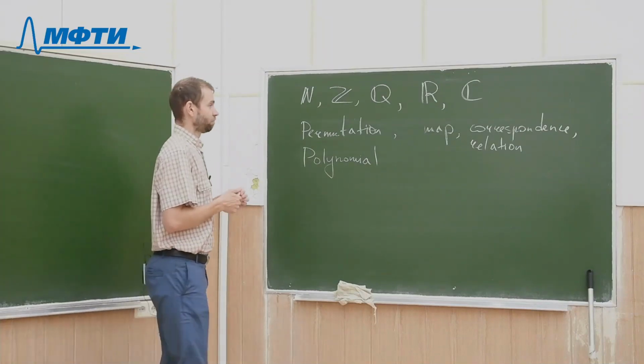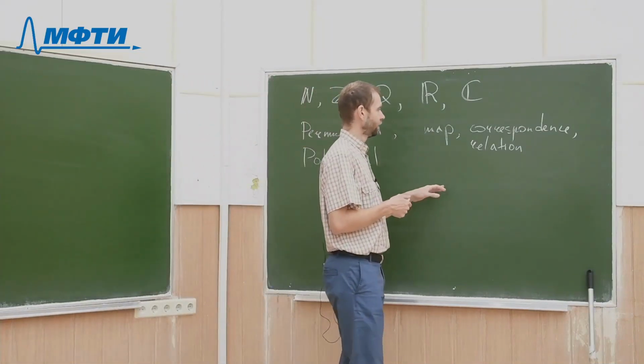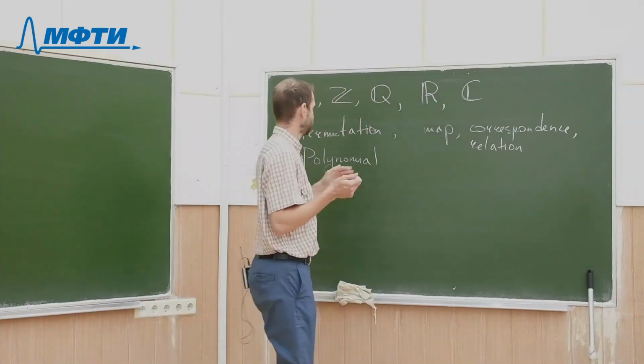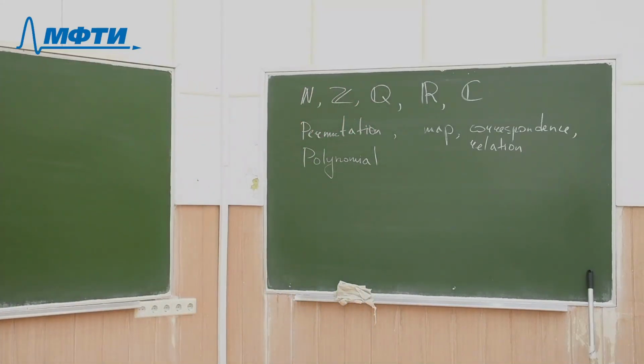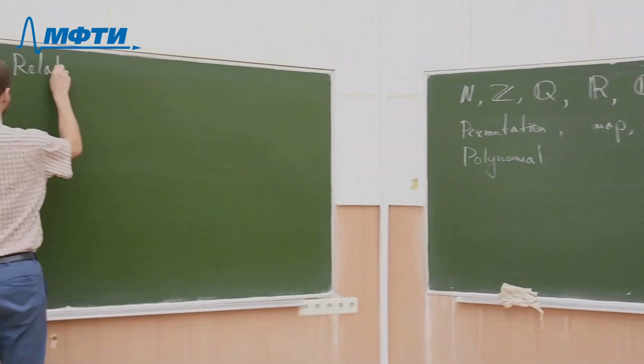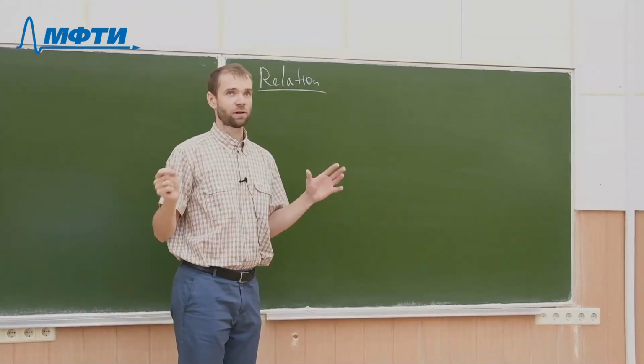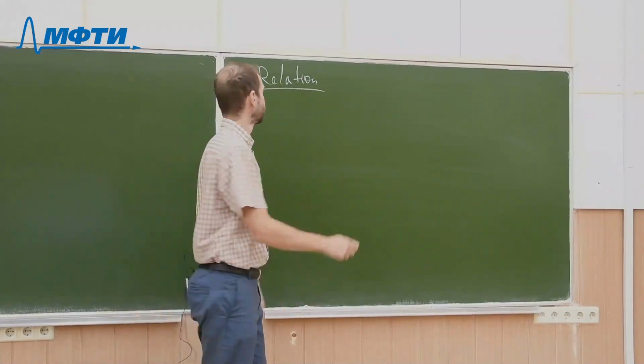So relation is basically just a subset of Cartesian product of several sets.